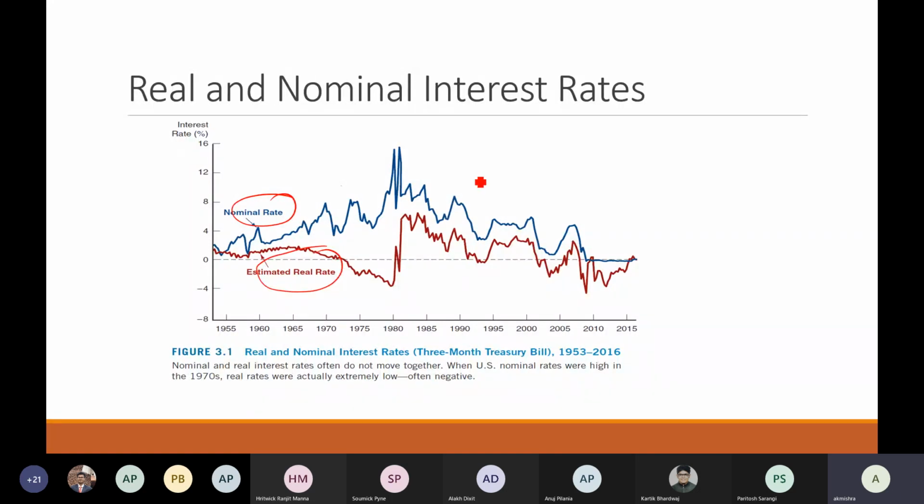This is based on what we just read, the Fisher effect. The Fisher effect talks about the relationship between nominal, real interest rate and inflation, and the gap between these two is nothing but inflation. So this is how we can relate.